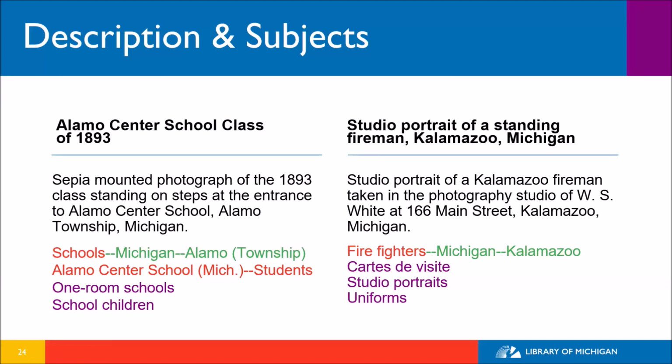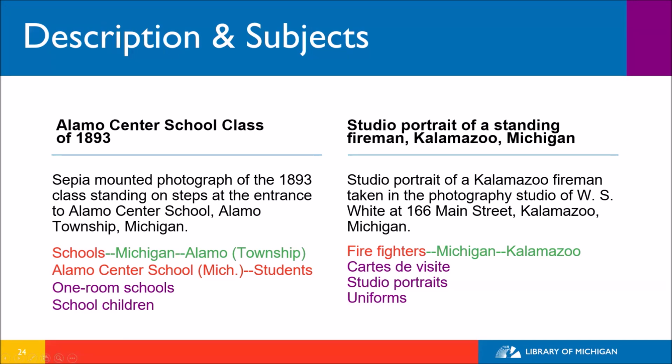Each has subjects and a description: a sepia mounted photograph of the 1893 class standing on steps at the entrance to Alamo Center School, Alamo Township, Michigan. You'll see that we tried to cover the what, where, and who in our description.